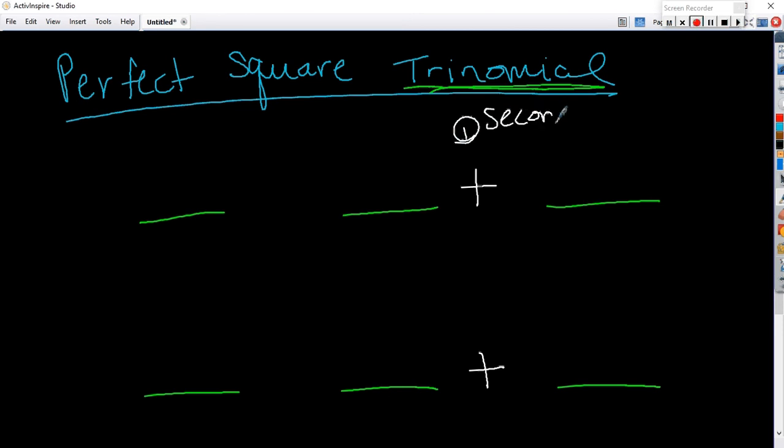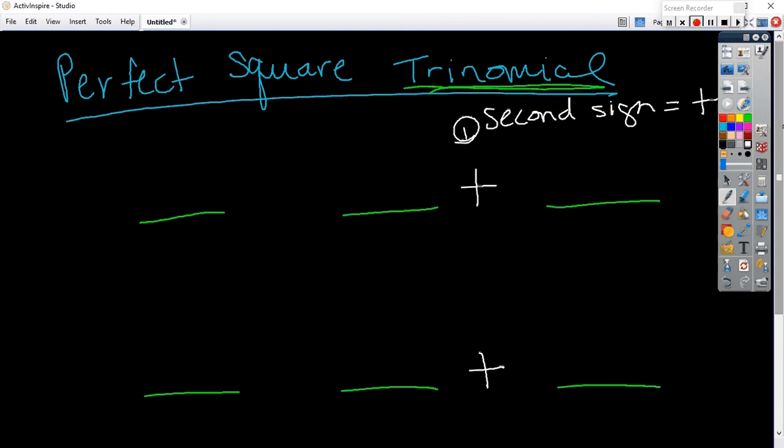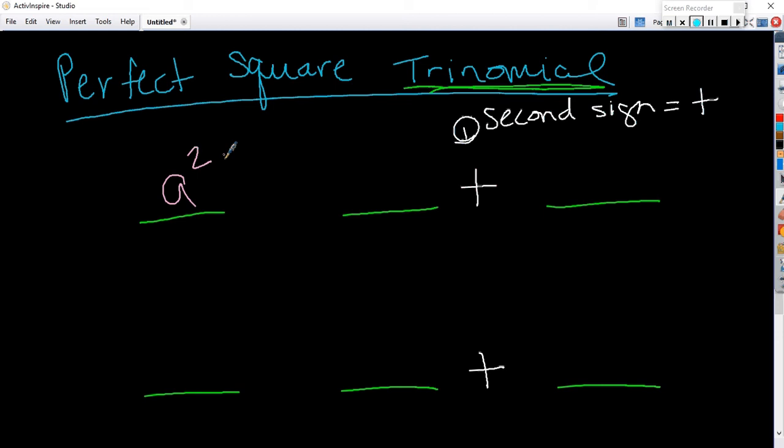Second sign is a plus. The second criteria is that the ends are perfect squares.